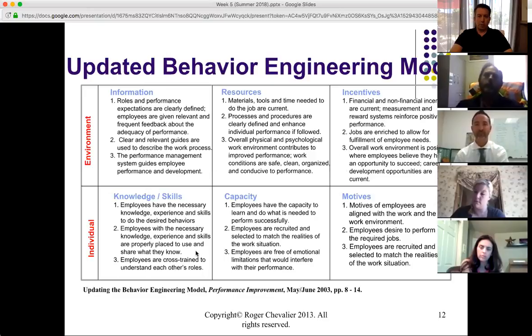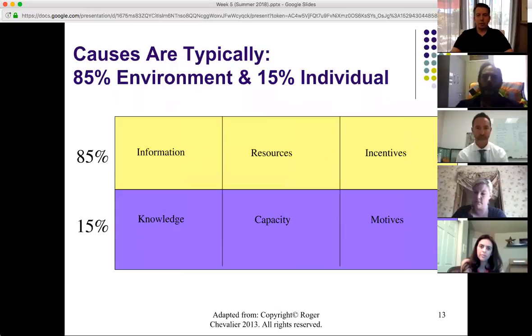So those are the 6 boxes, and you can kind of see, it's all very interesting stuff, and you might pick something in your mind and just try to say, okay, what would that be? And try to figure out which box it would go in. There's been studies after studies on the 6 boxes, and time again, they've found that 85% of the problems reside in the environment.